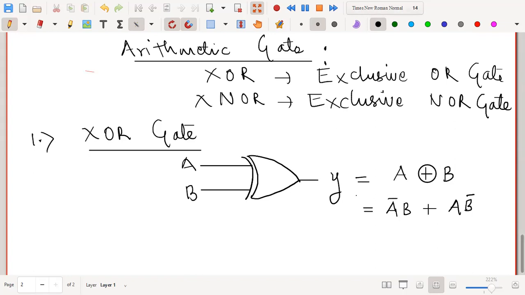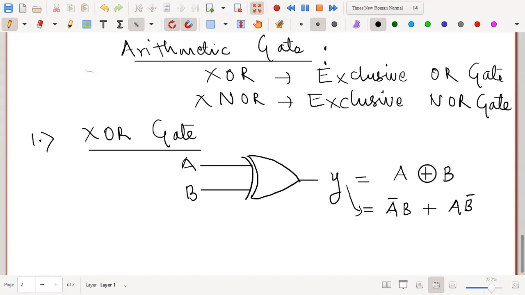Okay, now based on this, it will be very easy for you to write down the truth table, isn't it? In the truth table, you need to write down the input and the value of the output. Based on this Boolean equation, we can easily write down the output. And if we see this Boolean equation output carefully, we can conclude that the output is 1 if either input but not both is 1.